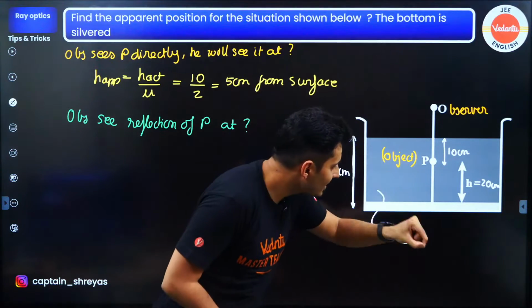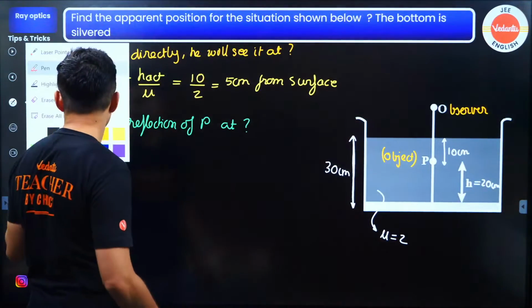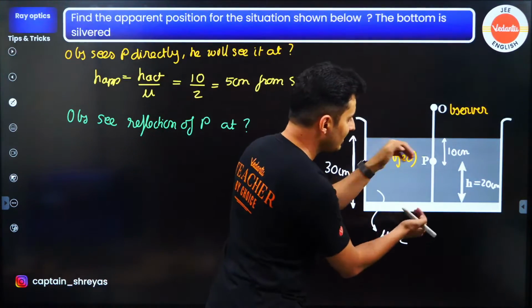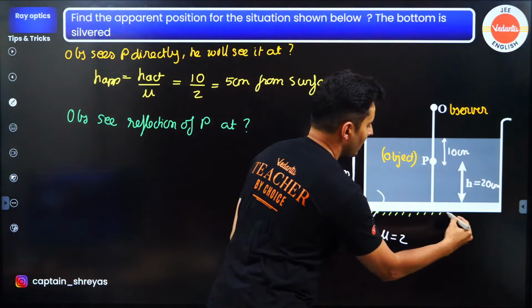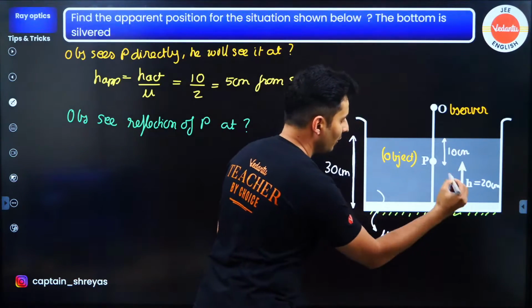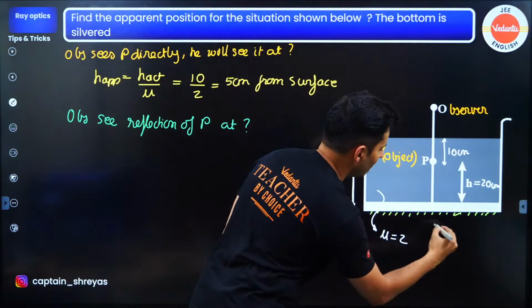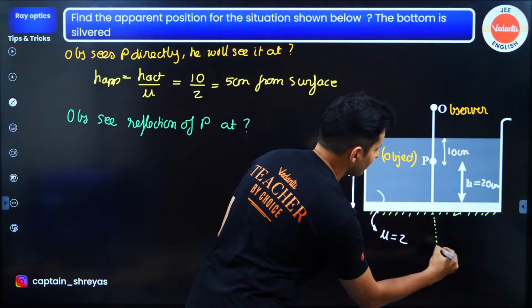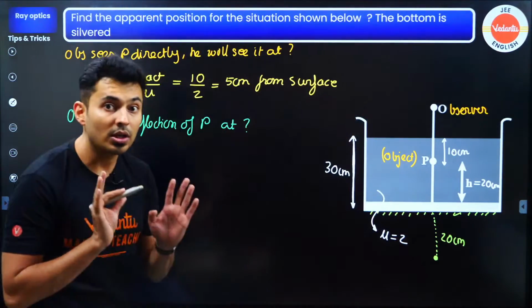So this point's image will first be reflected by the mirror down over here. Let's try to understand that. If this is at 20, this mirror over here is going to make this point P look over here. This distance will obviously be 20 centimeters. Not just that.